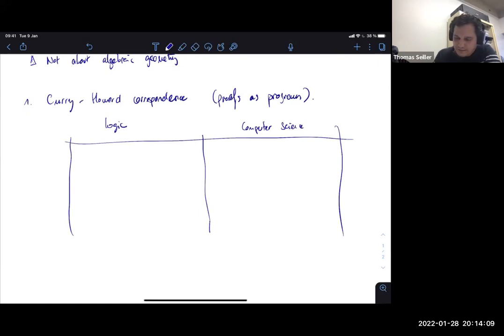And then in logic you have formulas, and in computer science you will see that as types. So one very simple example is that if you take the formula for all x, x implies x implies x implies x.